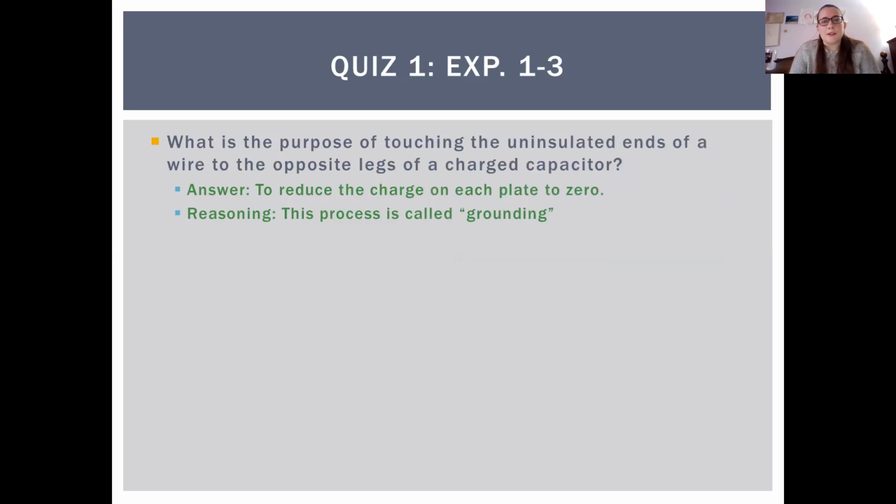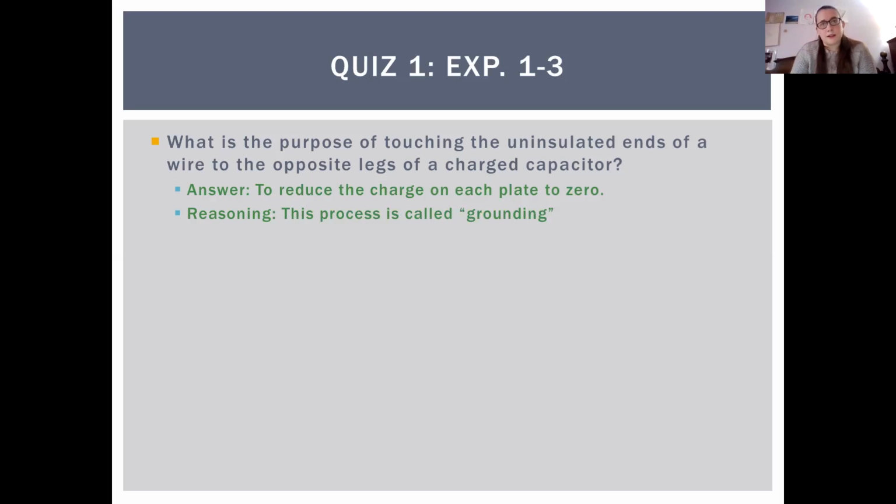All right, what is the purpose of touching the uninsulated ends of a wire to the opposite legs of a charged capacitor? So if you picture a capacitor in your mind, it's got that little middle cylinder, and then it has the wires sticking out of either side. So when we take our wires and touch them to those capacitor wires, what it does is remove any previous excess charge that may have been stored there from an earlier group's experiment.